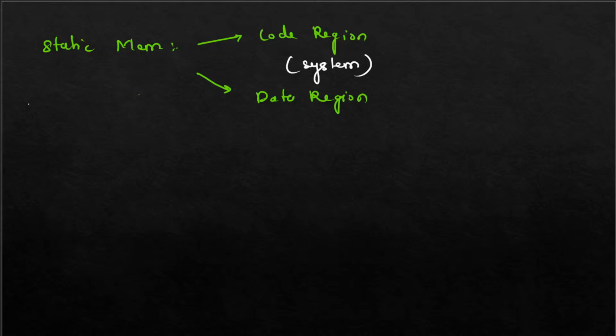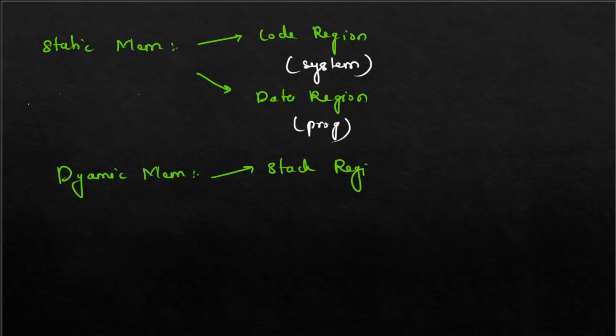So this is program. Dynamic memory: this is for stack region, which is system. And here we will have heap, which is program.